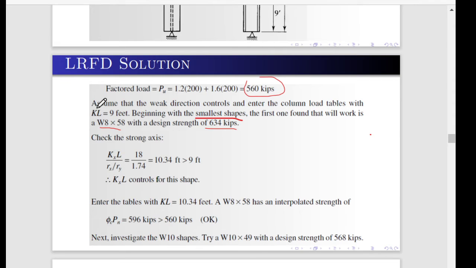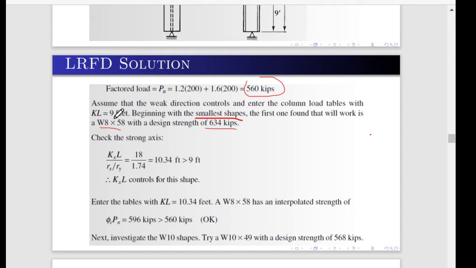Since first we assumed the weak axis, weak direction, KL is equal to 9 feet. Now, since we chose the section W8 by 58, we will check the strong axis.